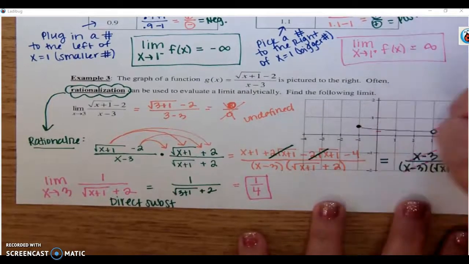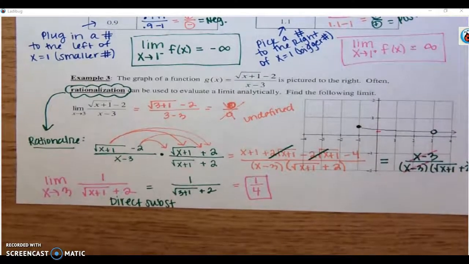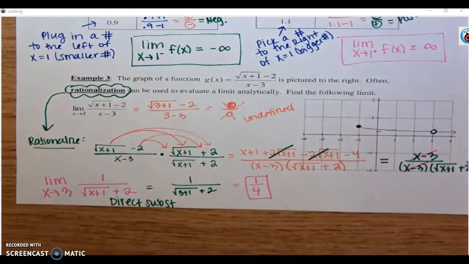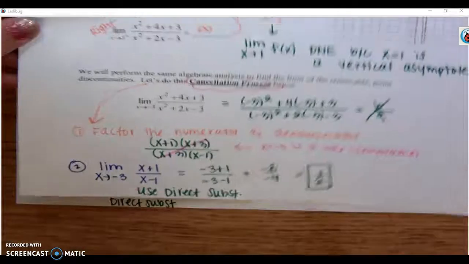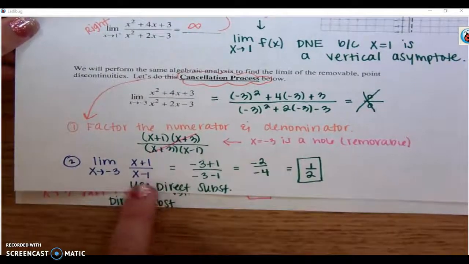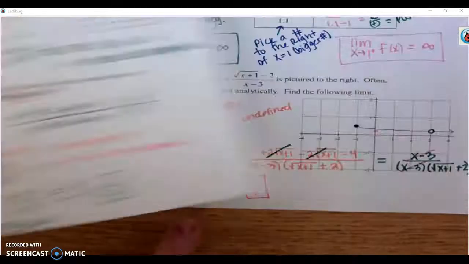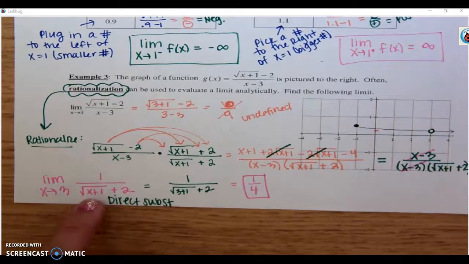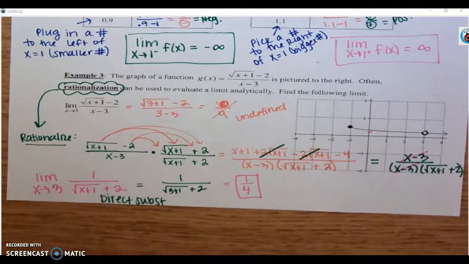That looks about like 1/4 on our graph there, and that's where that y value is. So rationalizing is the technique. When we did factoring earlier, we did the same thing. We factored, we made our simple fraction, then we did a direct substitution. Here we are rationalizing because you have the square root. We got rid of our x minus 3, which was the problem. Then we can do direct substitution and you can plug it in.